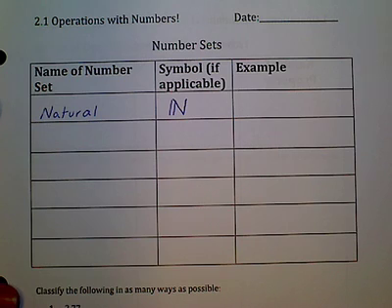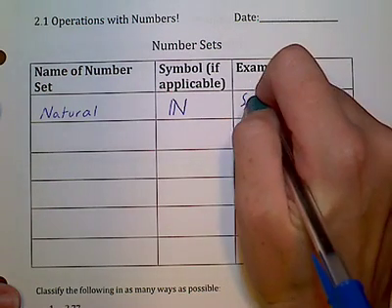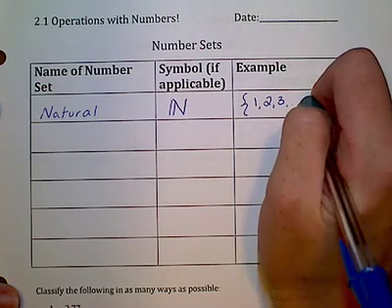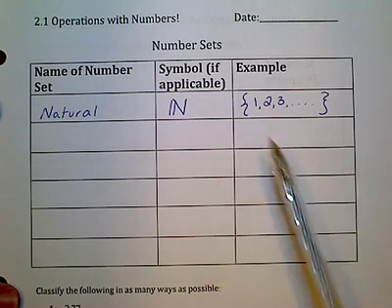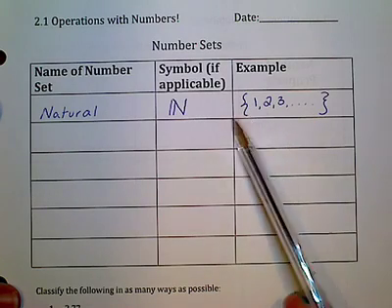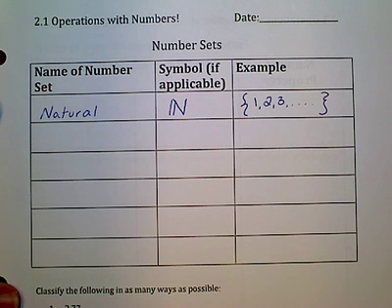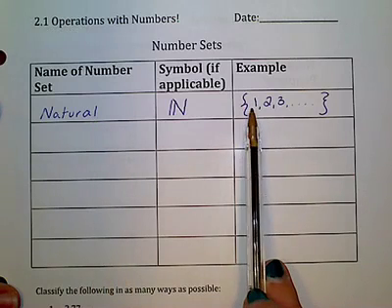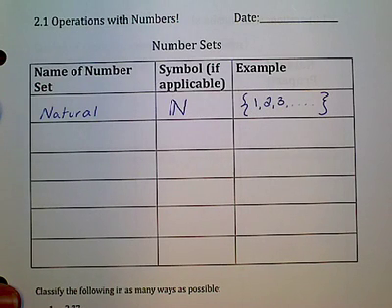Sometimes people call them the counting numbers, and they start at the number 1, go to 2, 3, on and on forever. And just a little note here, these are squiggly brackets, and when you see those in math class, they mean the set of. So the natural numbers are the set of numbers 1, 2, 3, and so on and so forth.